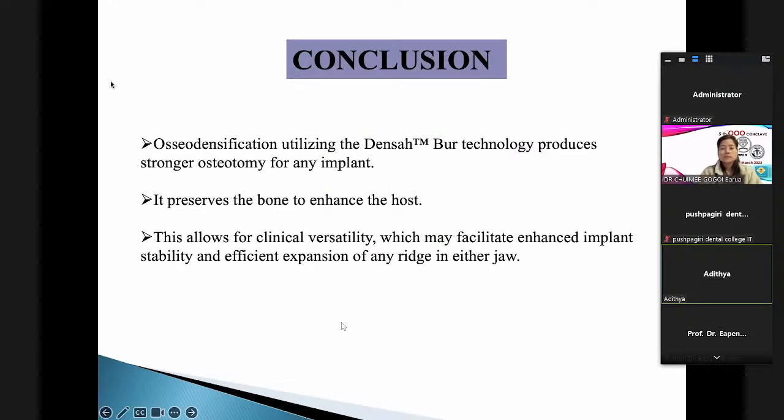PG MFS 07, kindly stop sharing your screen. OMFS PG 04, Ajay sir, are you ready? Kindly stop sharing your screen.